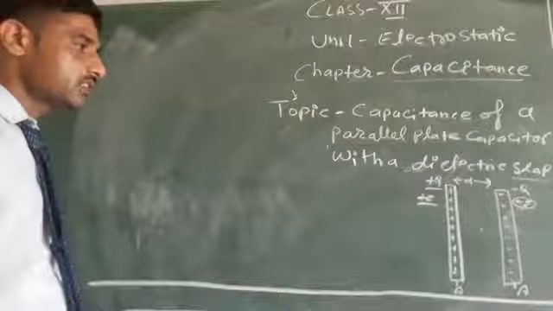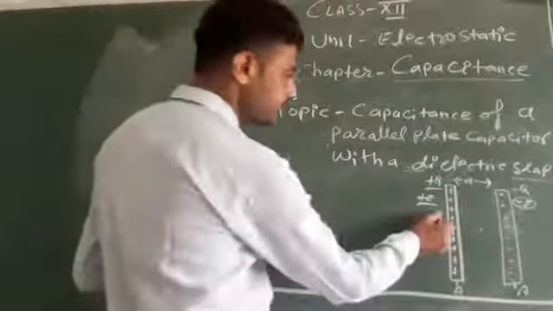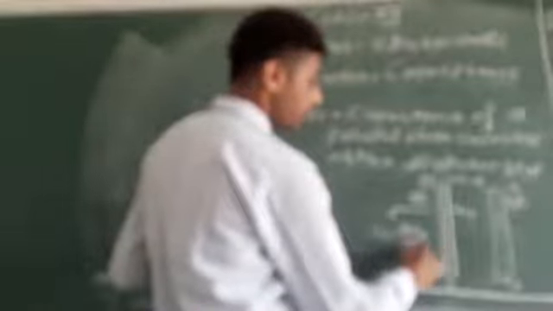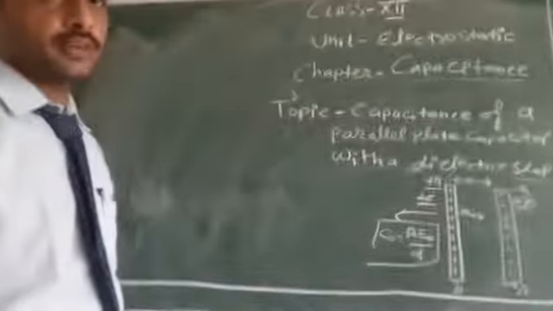Okay, so the question is that in this case there is air between the plates, and the capacitance C is equal to A epsilon naught upon d. This is the capacitance of this parallel plate capacitor.